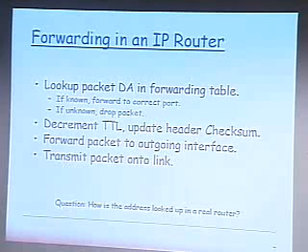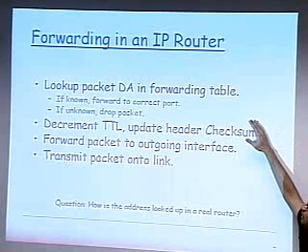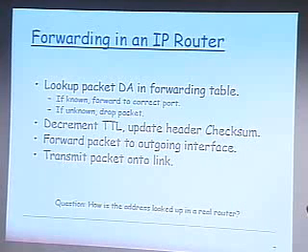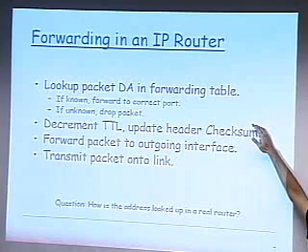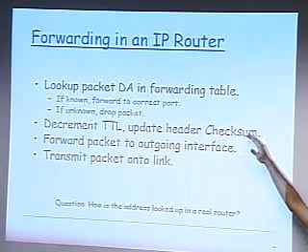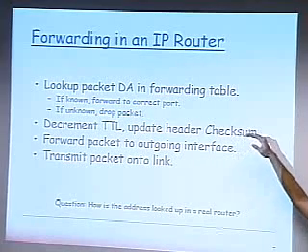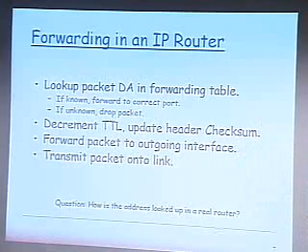So for forwarding in an IP router, you look up the packet destination address in the forwarding table. You see if you have a match for the network. If it's known, you're going to forward it to the correct port. If it's unknown, you'll drop the packet, and you'll also generate an ICMP message that this destination is unknown or unreachable.